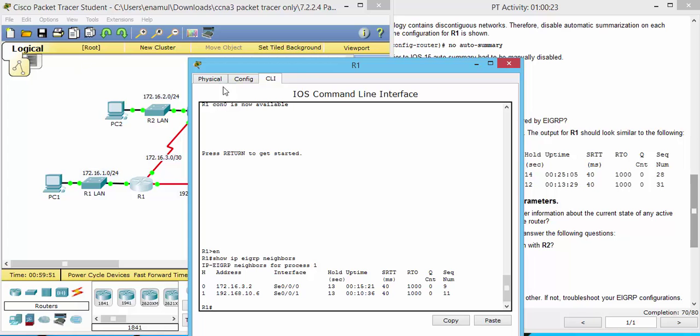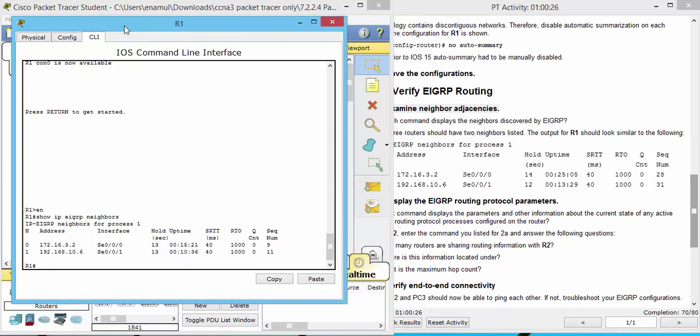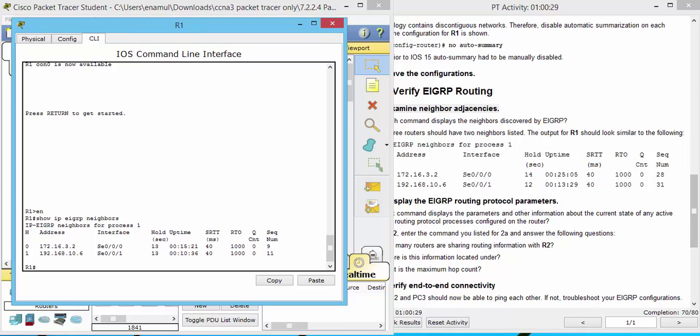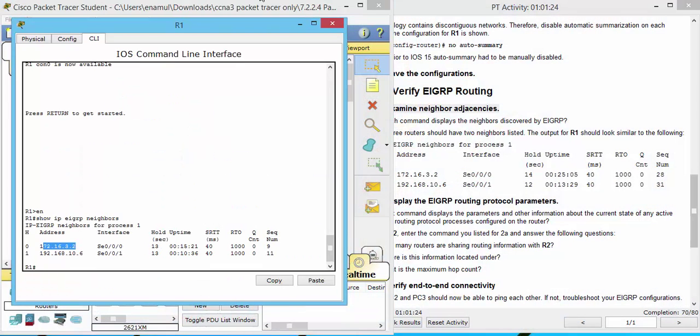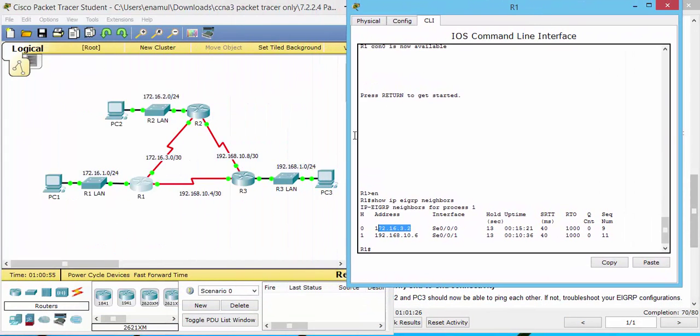And now this one is R2's IP address, by serial 0/0. Let's go to the topology. So R2's IP address is 172.16.3.2.